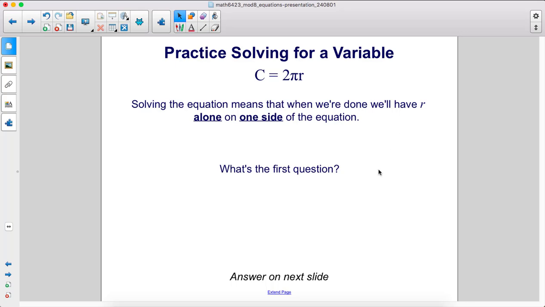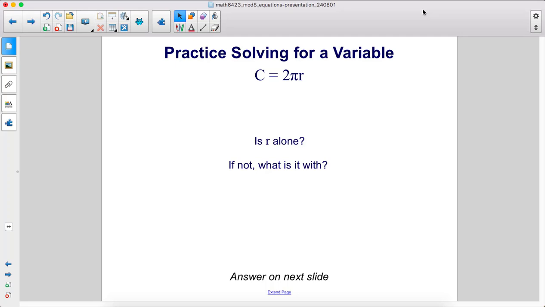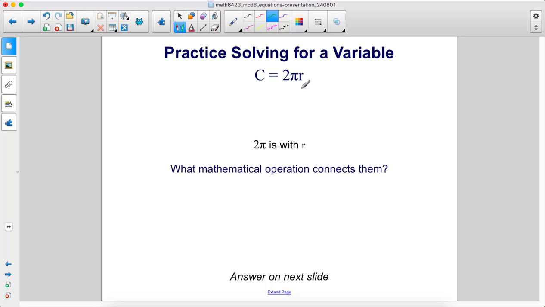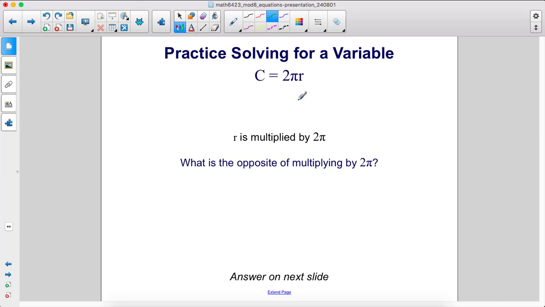So, what's the first question? Is r alone? If not, what is currently with it? R is not alone. It's currently with 2 pi. What mathematical operation connects them? Currently, R is being multiplied by 2 pi.